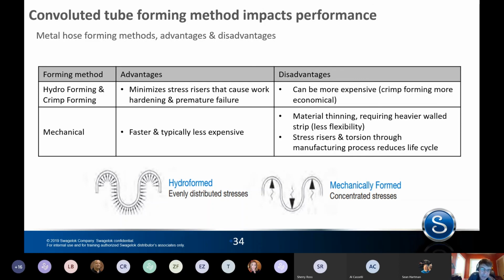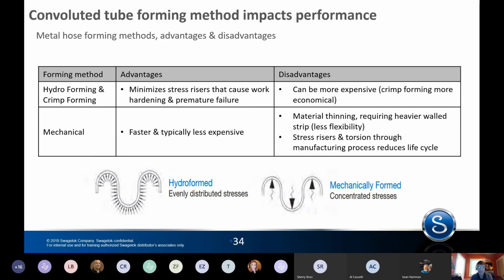So instead of bursting, it stretches to the point where it forms the convolutions. The advantage with this is it doesn't have any work hardening, because everything is pressurized to the same amount, and it completely eliminates any twisting in the hose. It becomes much more flexible, with much less work hardening.